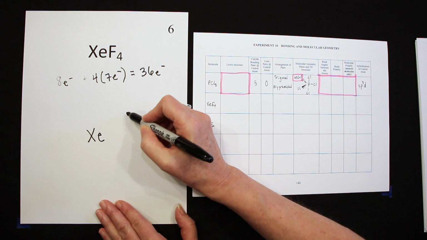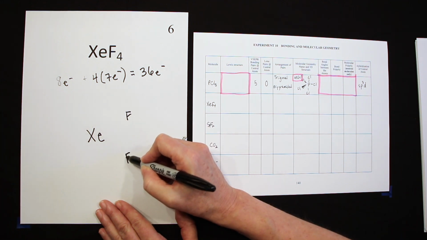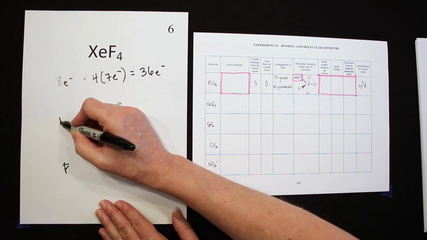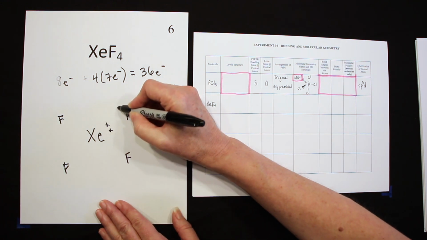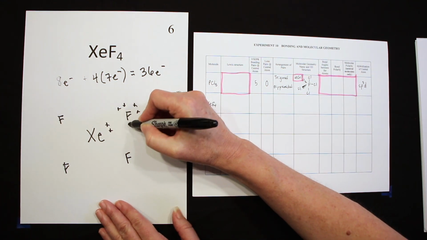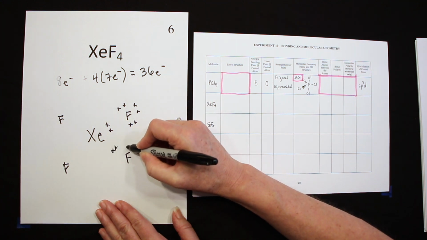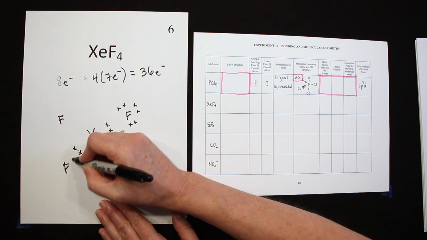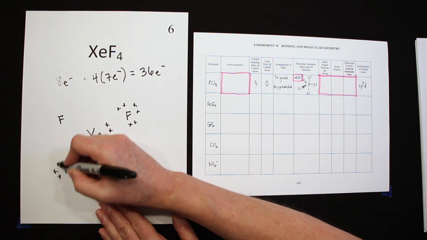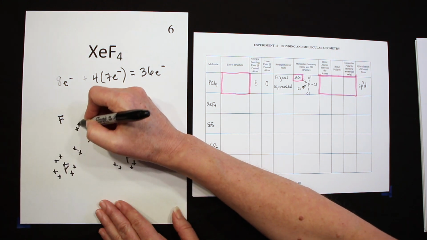I'll put xenon in the center and put my fluorine atoms around it, and then continue on with our stepwise procedure for putting the electrons in our structure.